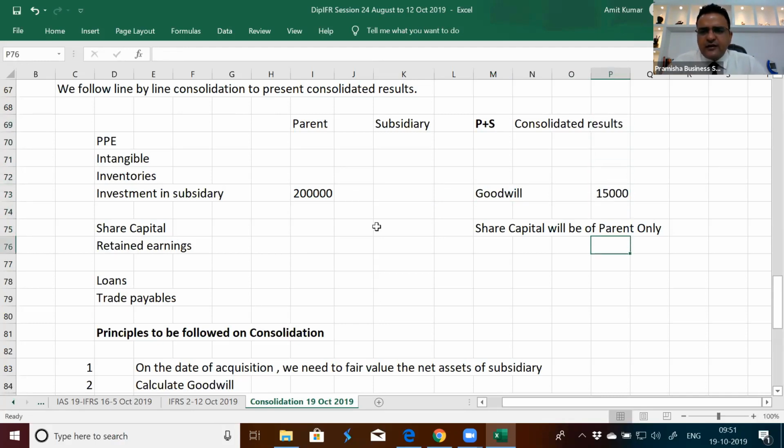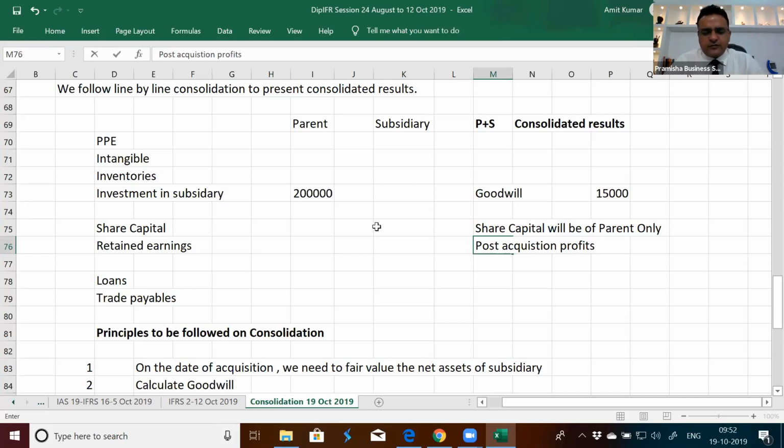So that is the reason in the consolidated result, from the subsidiary's equity, it will only be share capital of parent plus only post acquisition profits, that too in terms of share of profits from the subsidiary.